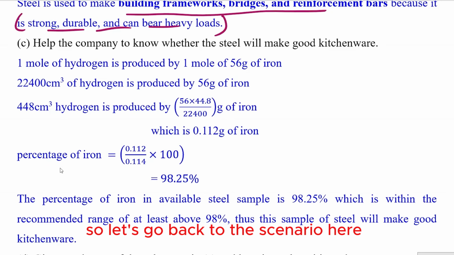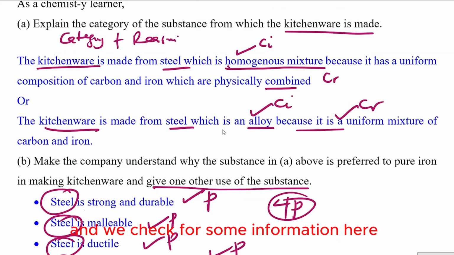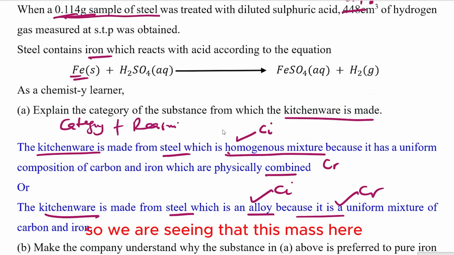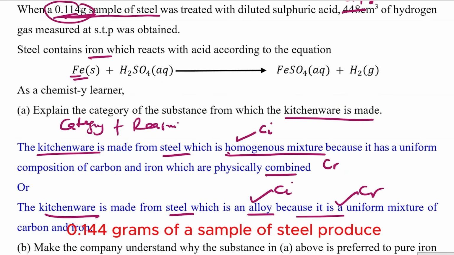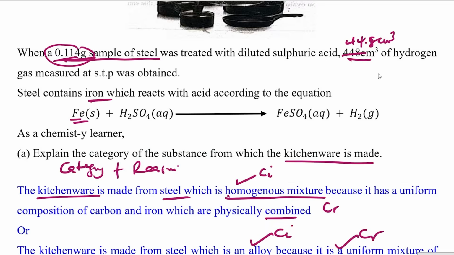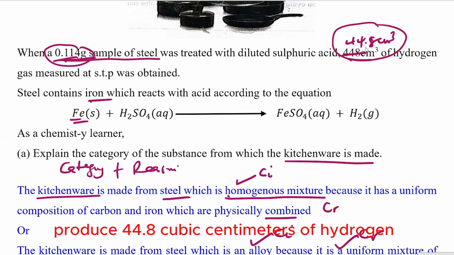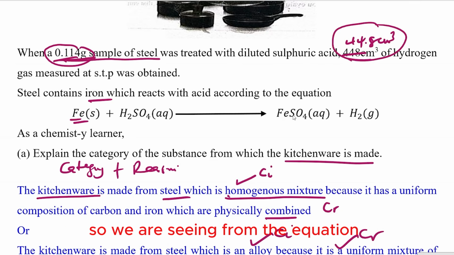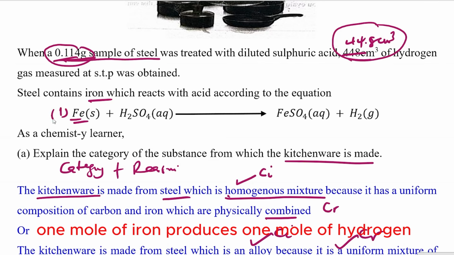So let's go back to the scenario here and check for some information. We are seeing that 0.144 grams of a sample of steel produced 44.8 cubic centimeters of hydrogen. From the equation, 1 mole of iron produces 1 mole of hydrogen.